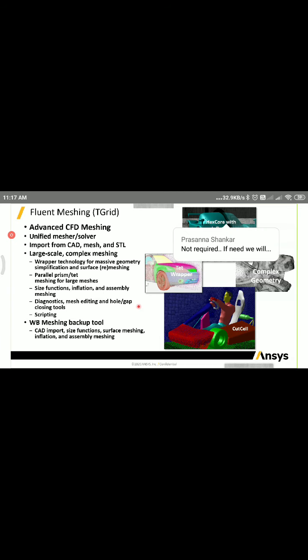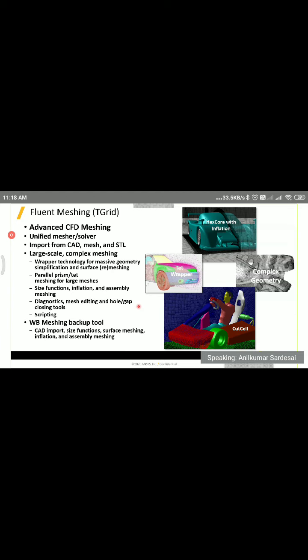There are tailor-made workflows. You just say, okay, this is my geometry, this is the local sizing I want to apply at this particular location, this is whether it is solid or fluid region or void region, how many prism layers I want to generate, and then generate the mesh. That's it. It's so simple to use.